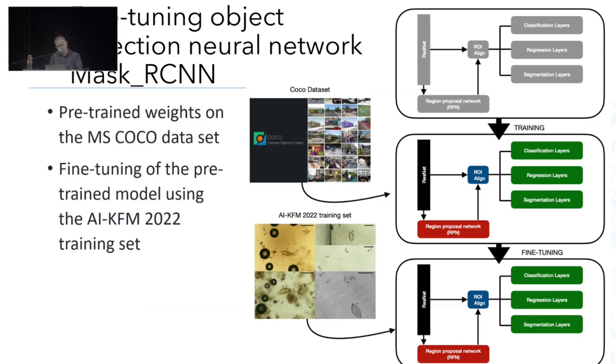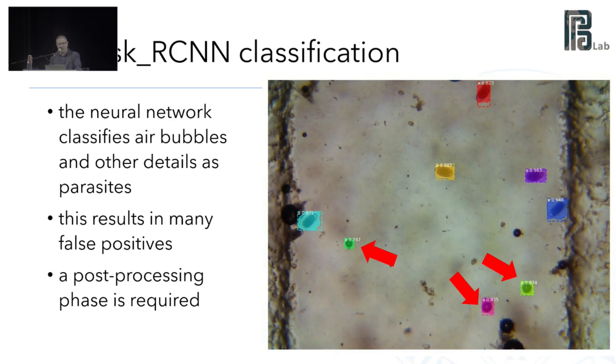for improving and specializing this network, firstly, we performed a fine-tuning phase, fine-tuning stage, and then we corrected the decision of the network, which was not designed for parasite classification, by an appropriate post-processing module.